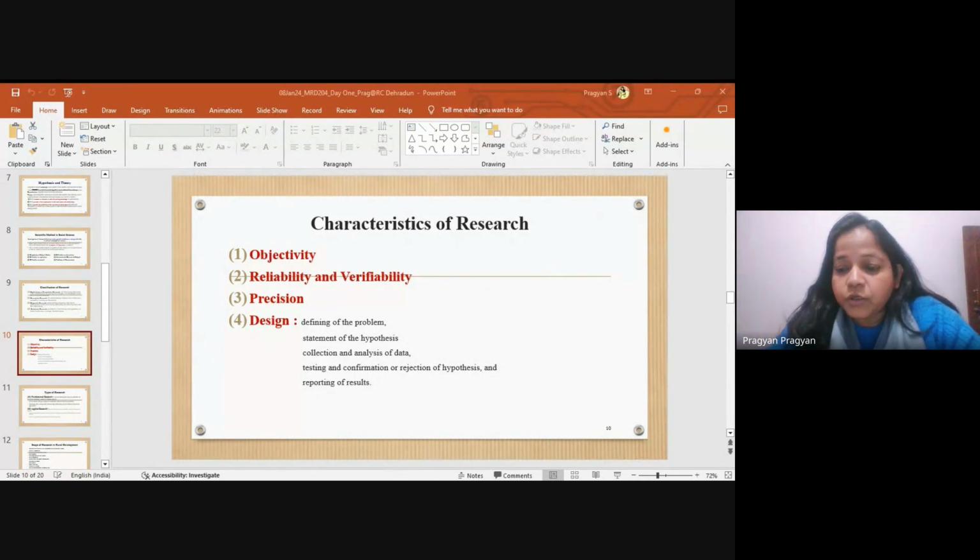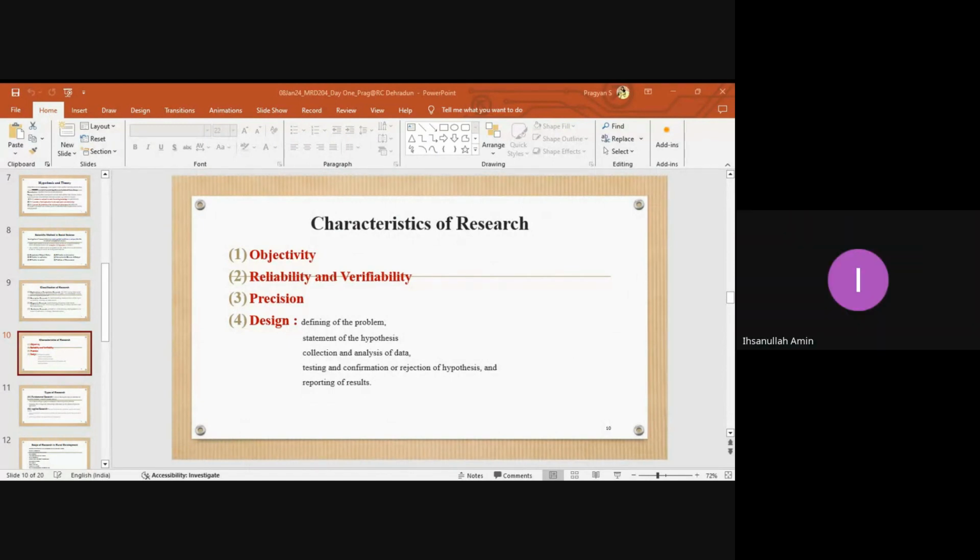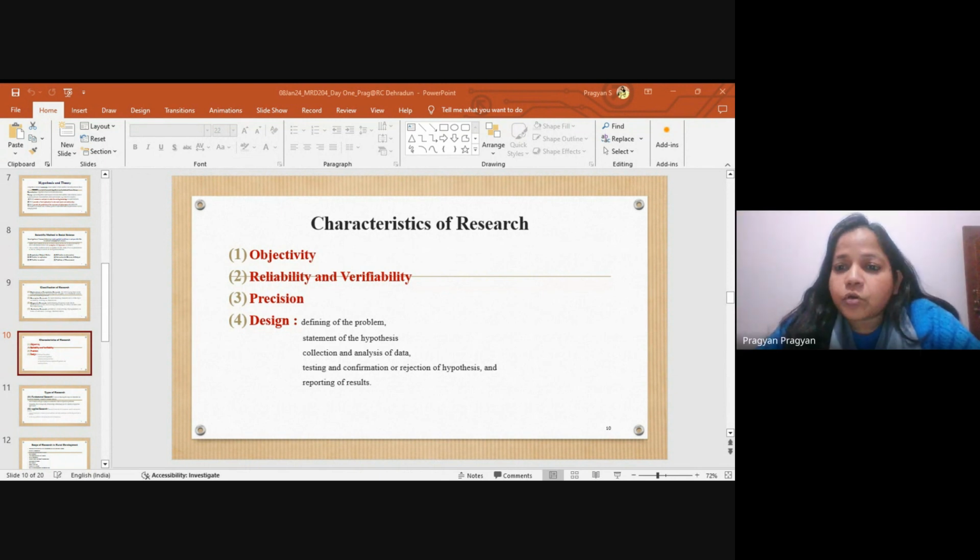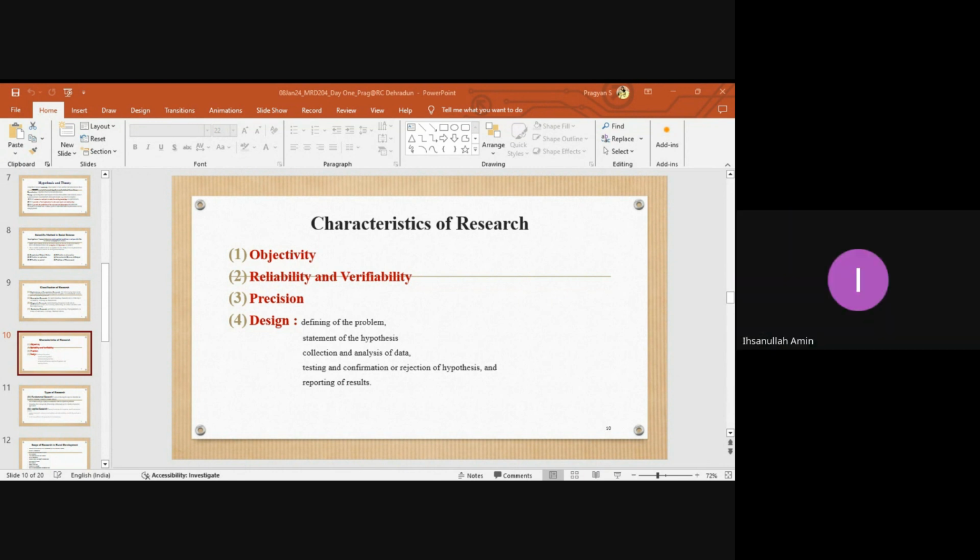From the beginning you don't know whether it is going to be right or wrong. Is that clear now? So it means we have to be critical; it's not about right or wrong, it is about critical investigation. Yes, got it. Thank you, ma'am.